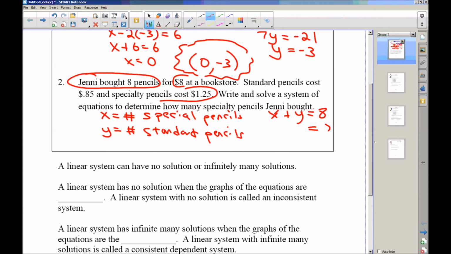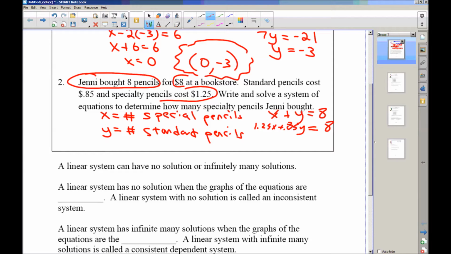So she spent $8, okay, and she paid 85 cents for a standard one and $1.25 for a special one. So $1.25x and 85y. So $1.25 times the special, x is our special pencils, and 85 cents times our standard pencils. And we get 8 total dollars here.